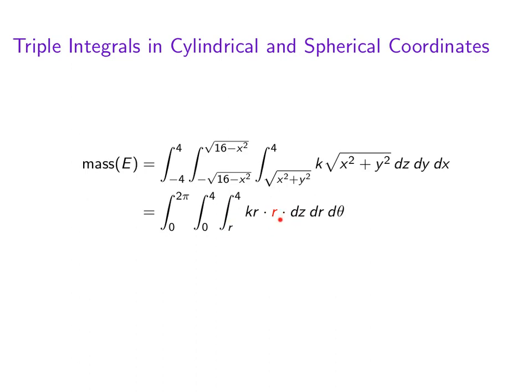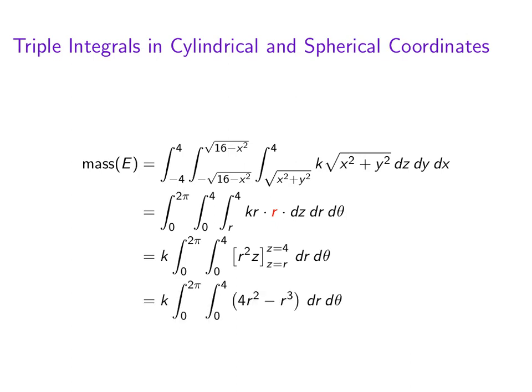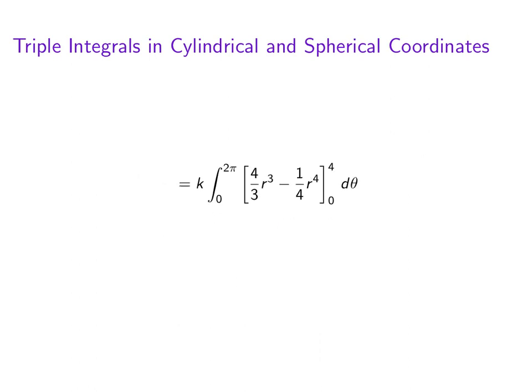We have to put in this r here for the scale change factor, and then our integrand turned into k times r. We evaluate the innermost integral. We'll get this expression. We plug in the z values and we get this. And we evaluate that middle integral. This is the expression that we get.